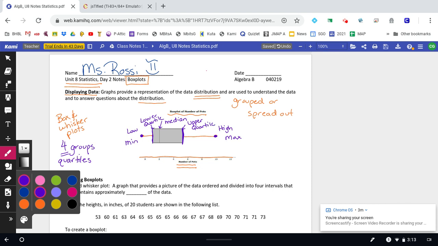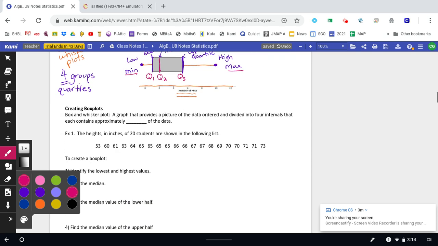Typically we refer to the min and the max, and we call this the Q1, the first quartile. The median is kind of like the second one, so we could call this Q2, the second quartile. Over here we have our upper quartile or third quartile, which a lot of times we'll call Q3.